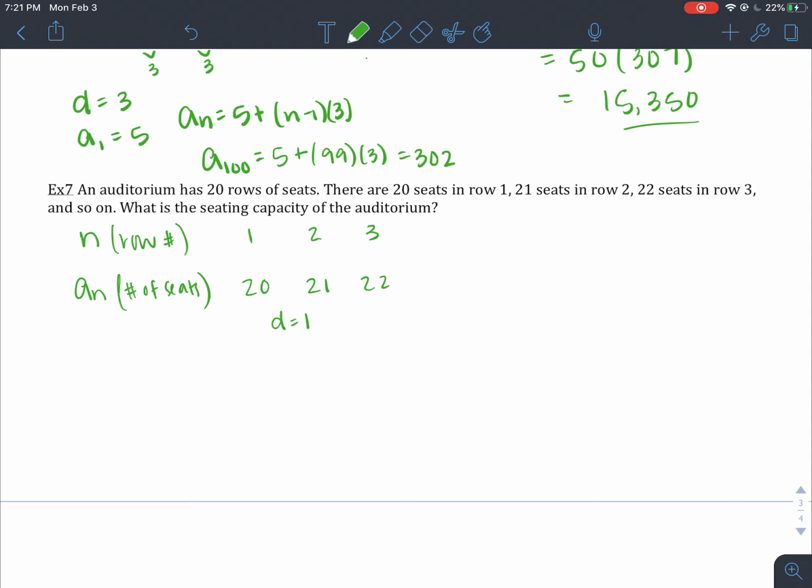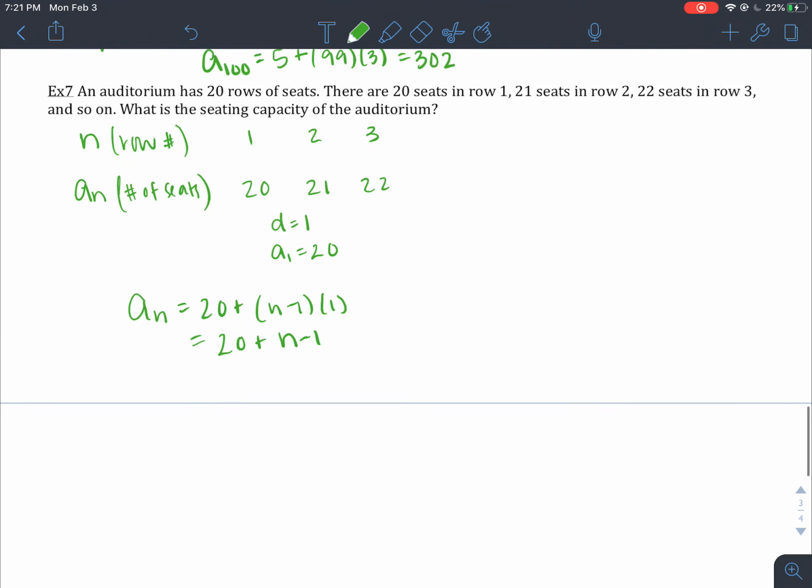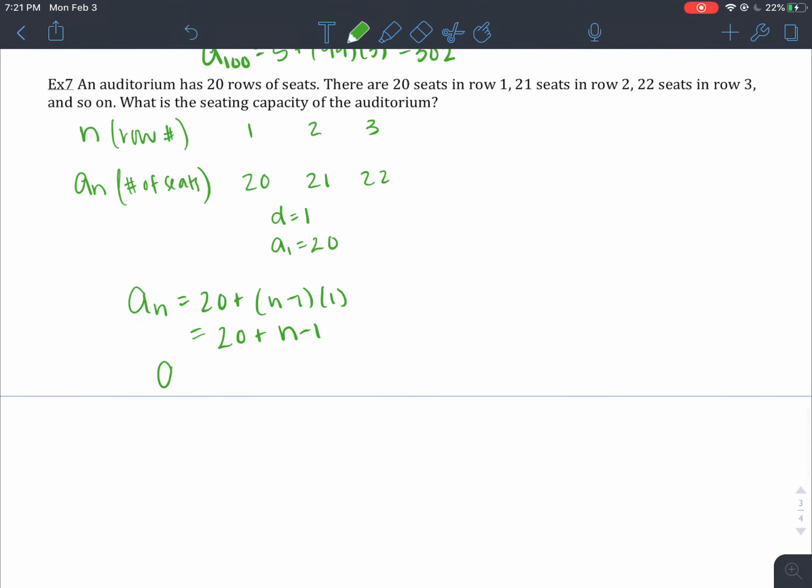We can see that our common difference here is going to be 1. A sub 1 is equal to 20. So a sub n is 20 plus n minus 1 times 1, or 20 plus n minus 1. We don't have to multiply by 1 if we don't want to. So our 20th row is going to have 39 seats.